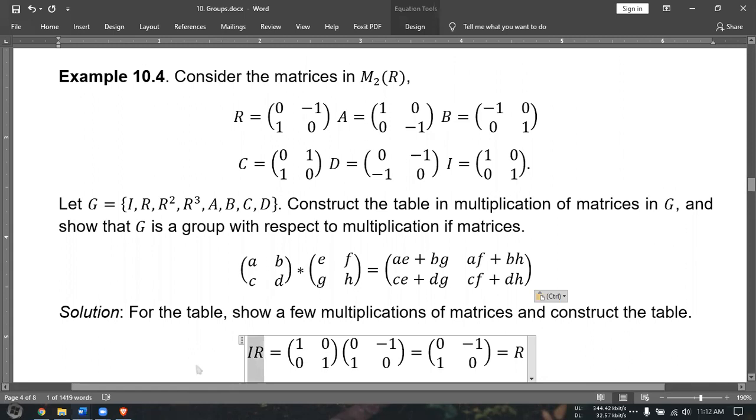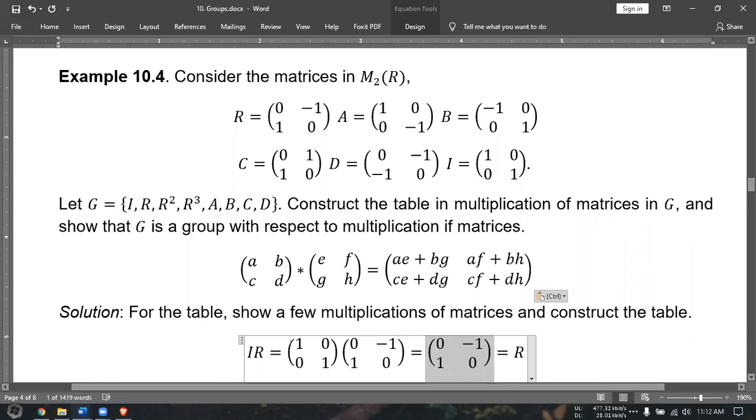For example, if we multiply the matrix I and R, this is I and this is R. Applying the multiplication between matrices, let's test if this is true.